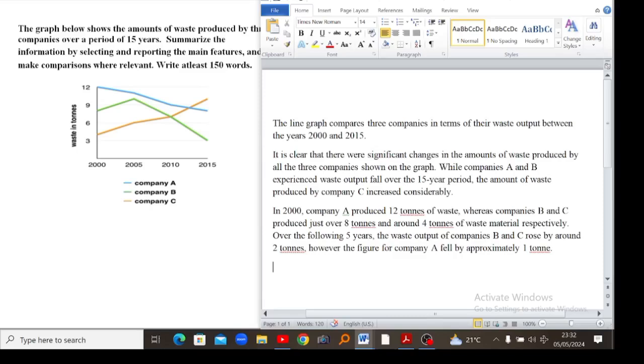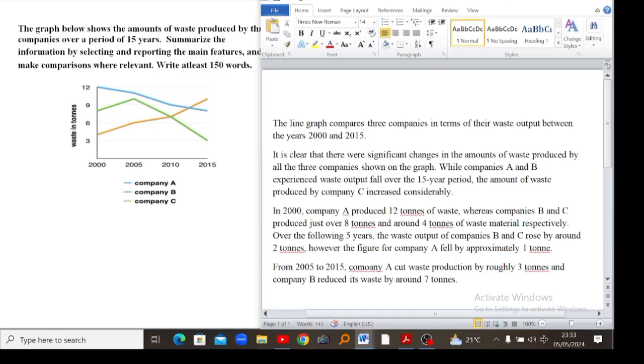So instead of saying over the following 5 years, we shall simply say from 2005 to 2015, company A cut or reduced waste production by roughly, could also say roughly, 3 tons, and company B reduced its waste by around 7 tons.